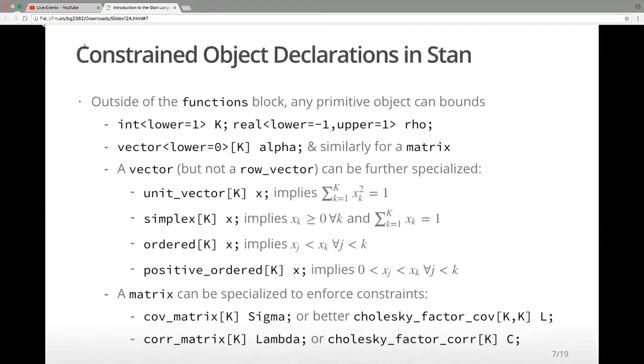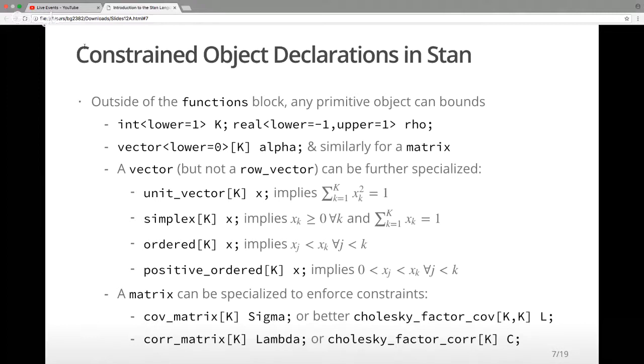Outside of the functions block, any primitive object can have lower or upper bounds. So if you're declaring K as being the number of columns of some matrix, you can declare it with a lower bound of 1. And if that condition gets violated, then you'll get an error message. And so that's a good way to prevent yourself from making mistakes.